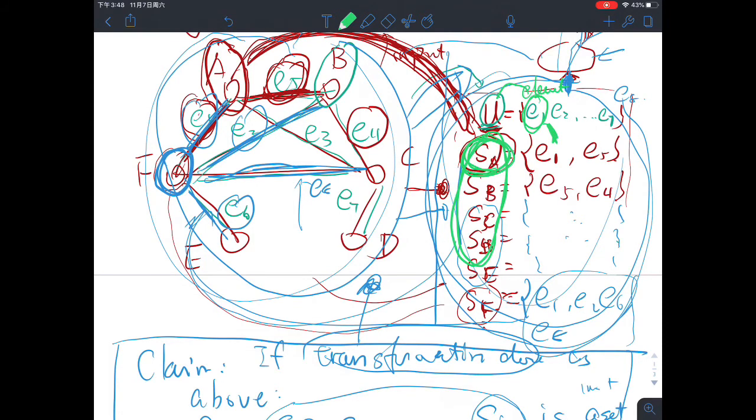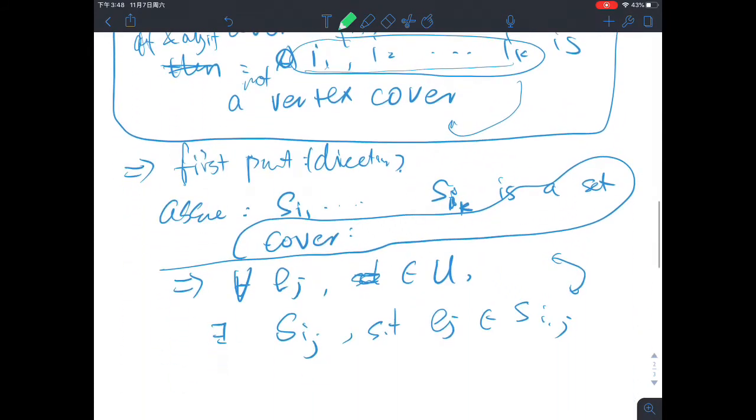This is what I'm repeating here. For any Ej that's an element in the set cover and an edge in the vertex cover, we have two different interpretations for the same symbol. For any Ej in the universe, there always exists an Sij such that Ej is in Sij. This is the definition of the set cover.